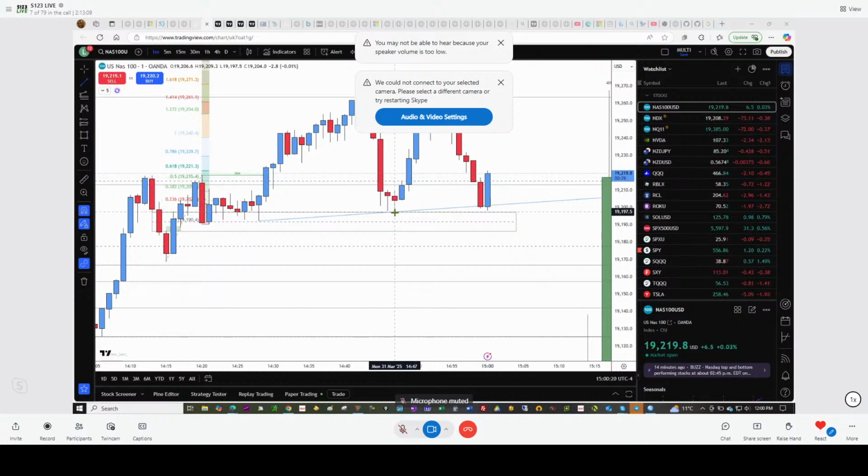Oh, interesting. 197.5, this is 198.2. So it is still possible for them to play games and go back up and take that high because they didn't break this low. However, I don't think that's likely. So I've got a gap here.